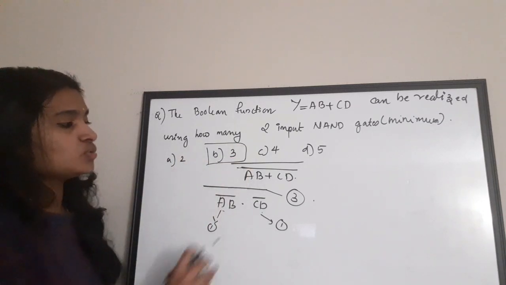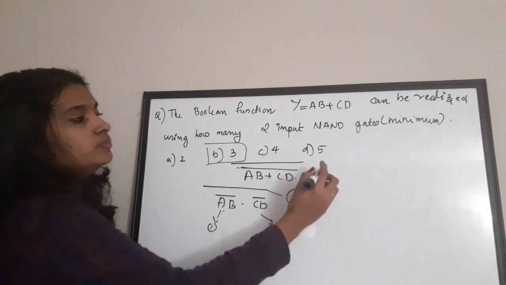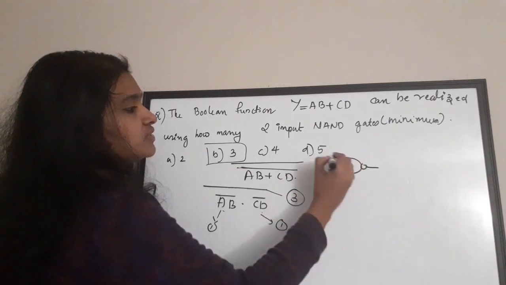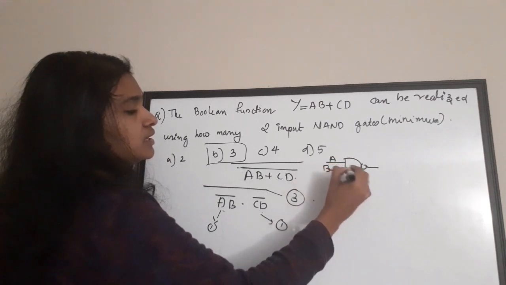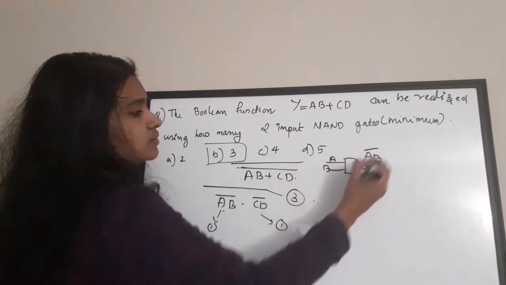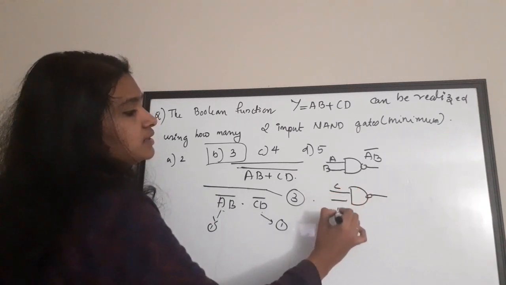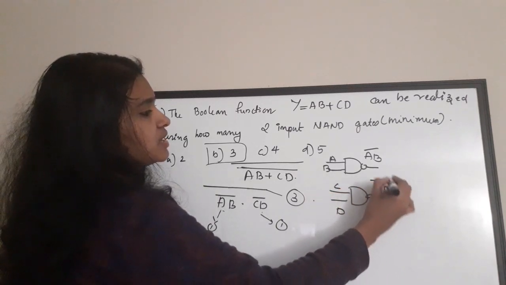Anyway, I'll try to draw this for you. I'll draw it here. That is, the first NAND gate is receiving A and B, and the output is AB bar. Then the second NAND gate is receiving C and D, and the output is CD bar.